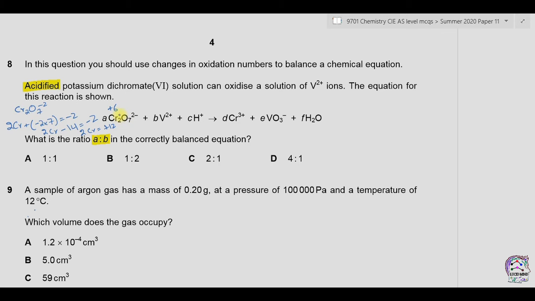So the charge on one chromium atom is +6 on the reactant side, and the charge is +3 on the product side. Going from +6 to +3, the oxidation state is reduced, so it is reduction.